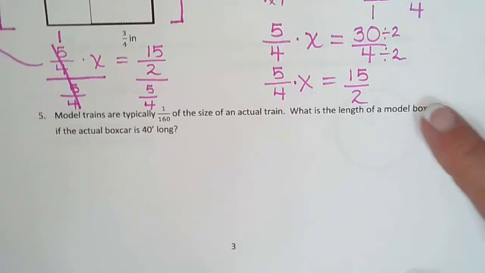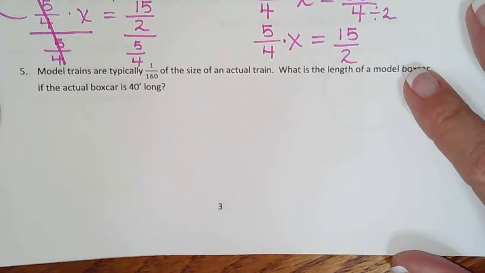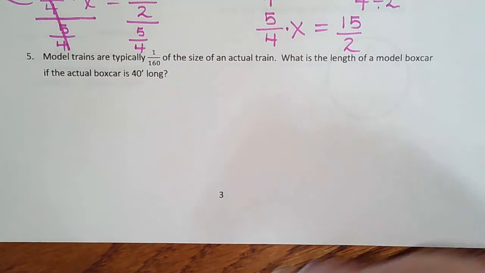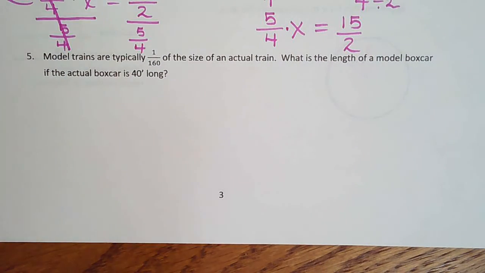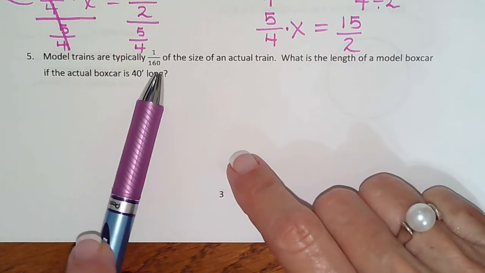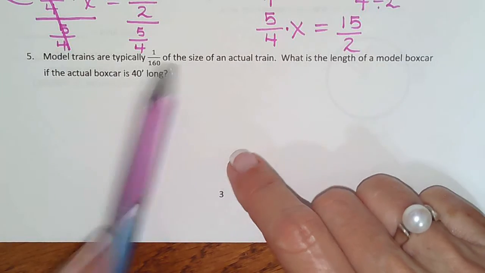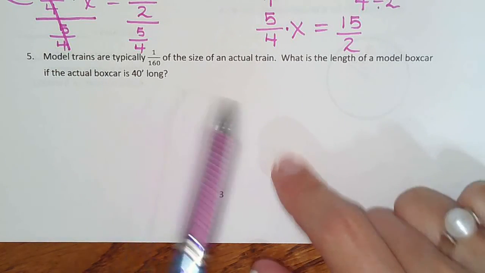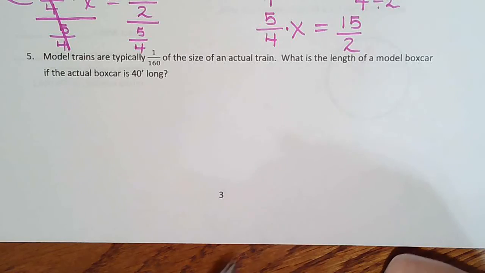Okay, so let's do another one. Sometimes this notation confuses students a little bit. If I saw this problem on a test, I'd go, oh, of means times the actual train. Well, here's the actual. So I wouldn't even set up a proportion for it, and I'm not sure if the directions said we have to.